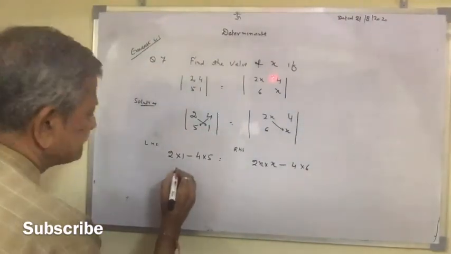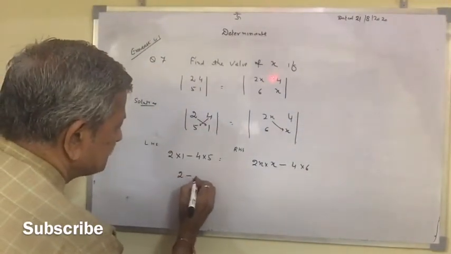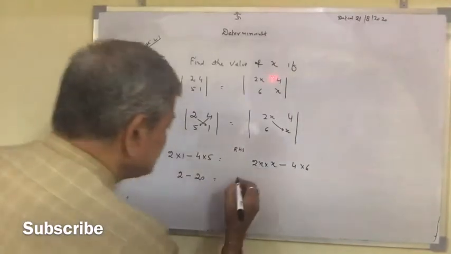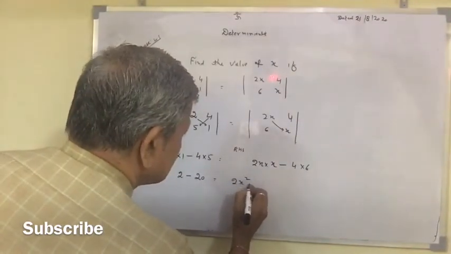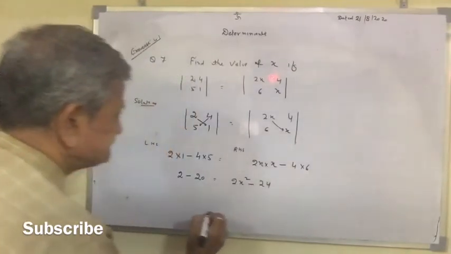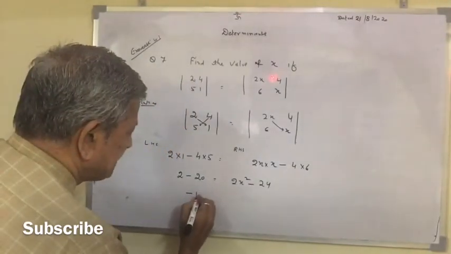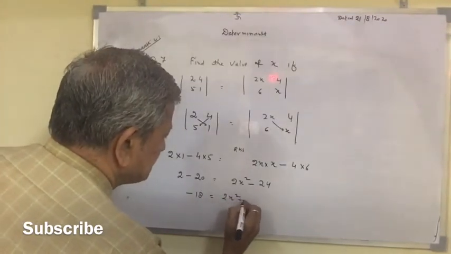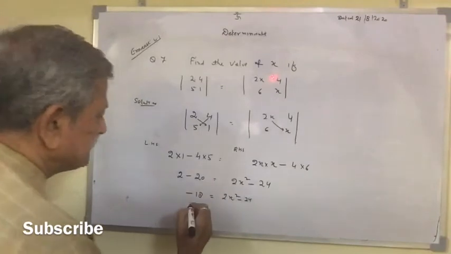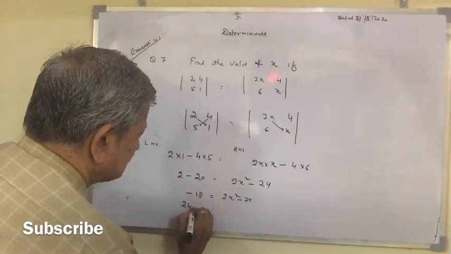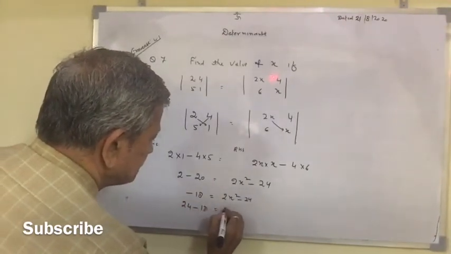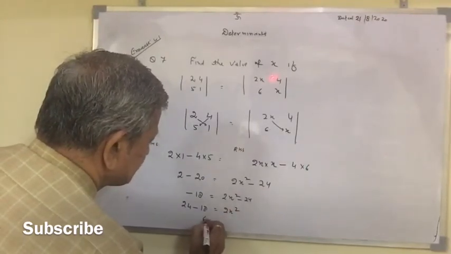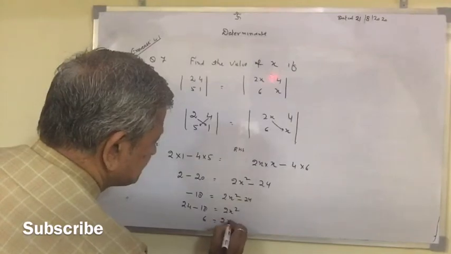Now in this case your value will be 2 minus 20, which is minus 18 on the left. After solving, the right side gives you 2x square minus 24. I'll take 24 here, so 24 minus 18 gives 6, which is equal to 2x square.